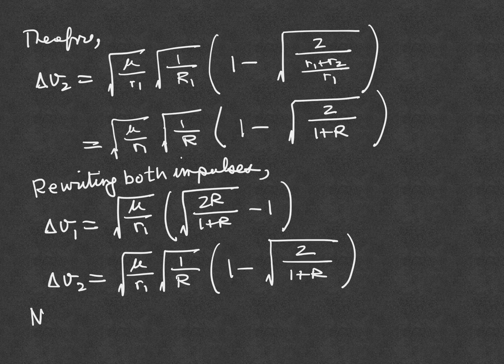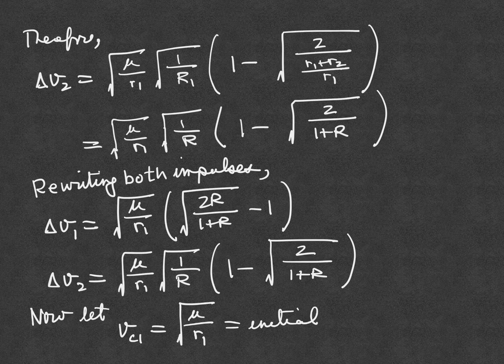So now, let VC1 equal the square root of mu over r1. And that's the initial circular speed. So what we can do then is write these both in terms of the initial circular speed.